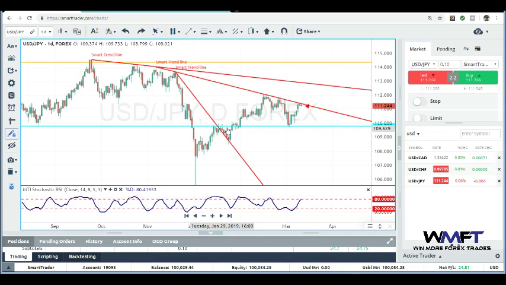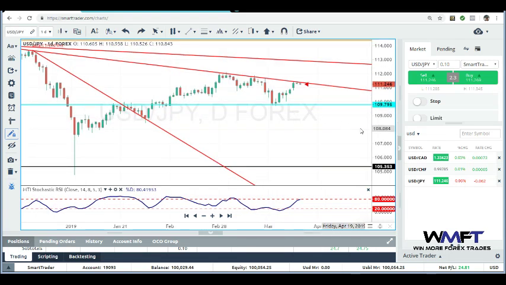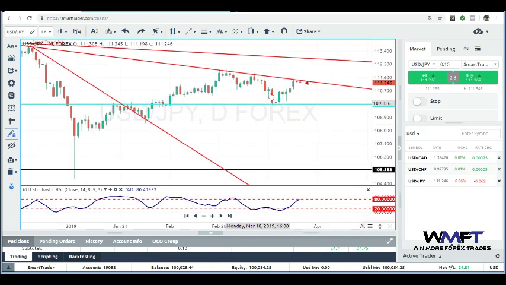Market breaks this inner downtrend line, back tests the backside, goes up, and has been holding that resistance of this downtrend line. So with that being said, daily time frame is at a high price right now. So we will not be buying this market currently because the market is at a high price and it is still holding resistance at that downtrend line.